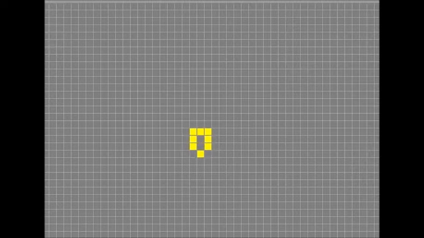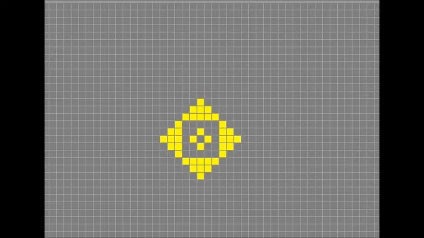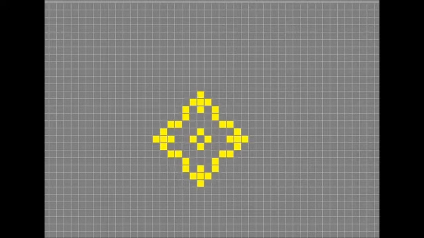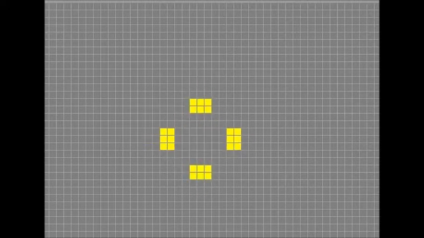The cell structure known as a small explosion is very similar. Instead of an oscillation pulsar formation, this cell structure ends in a beehive.